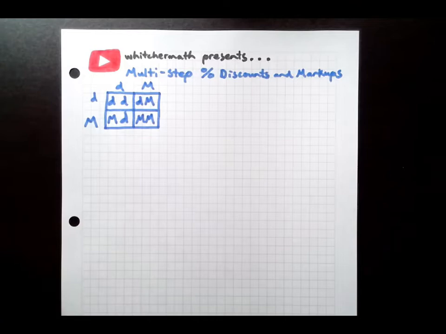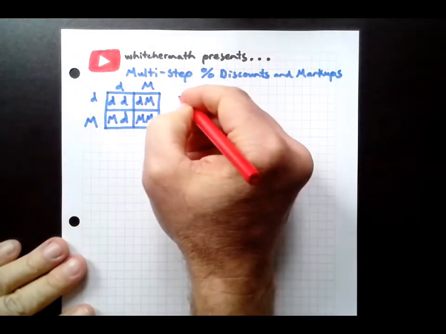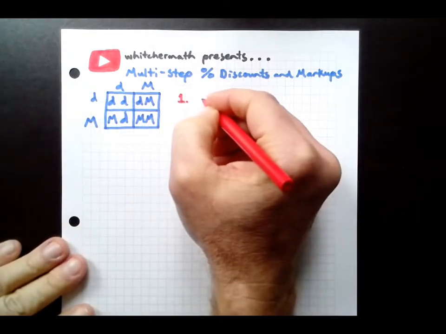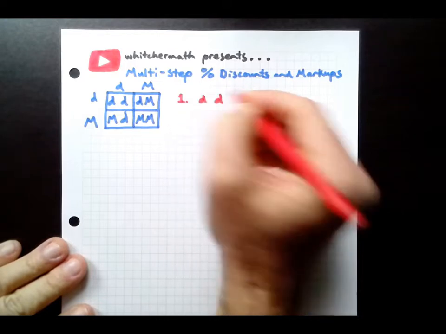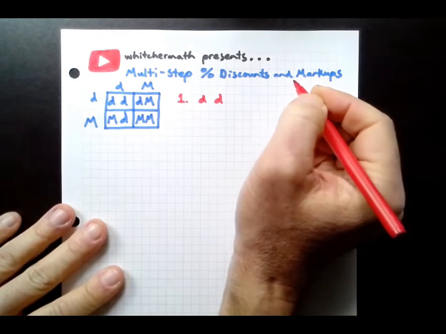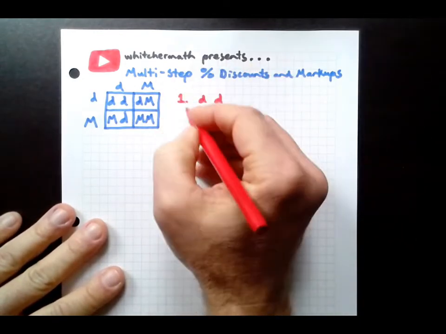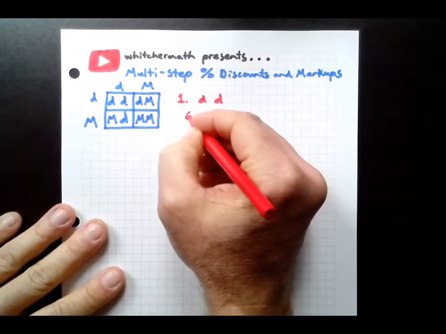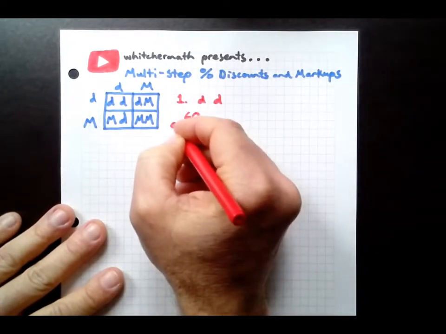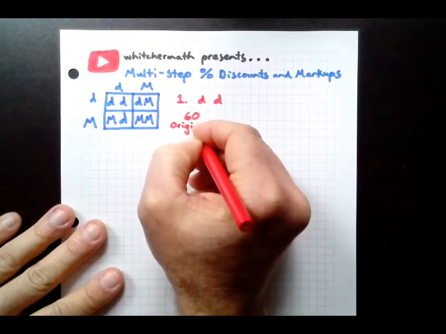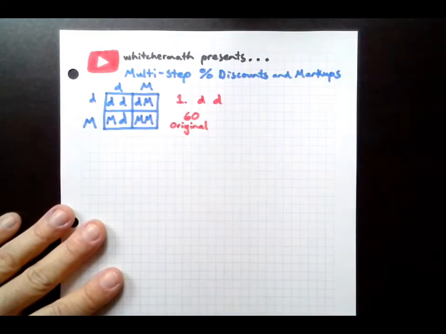So let's start with the first one, which is a two-stage discount. A discount and a discount. Let's start with a number like 60. Let's define some things here. 60 we call the original. It doesn't have to be a price, it's just a number.